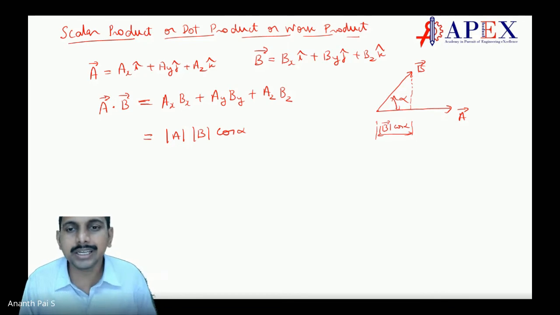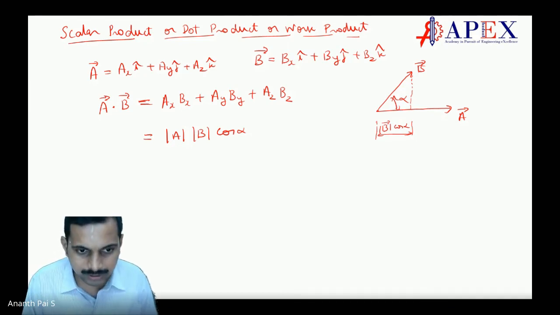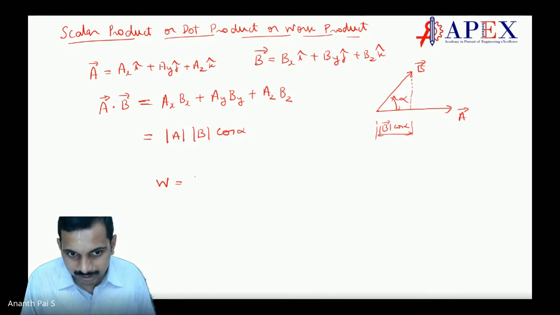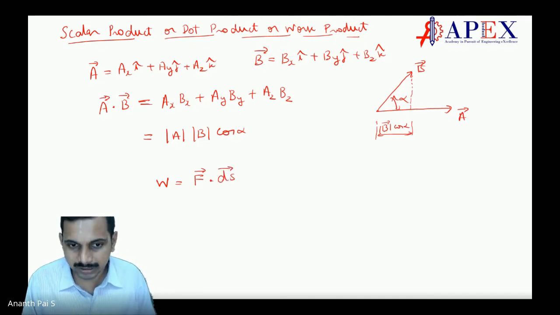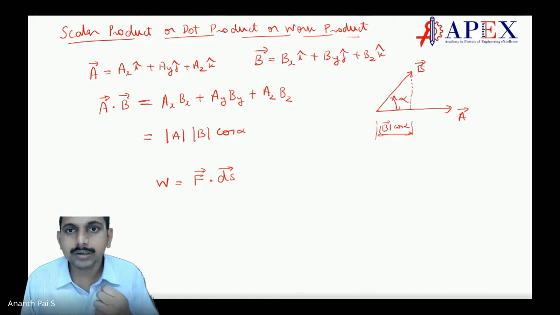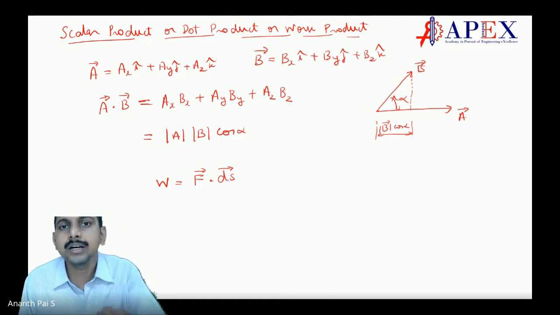Generally, it is called a work product because work is not a vector, it's a scalar. Work is given by force dotted with ds. Correct? That is how the work is done. Is it not, students? Work is force which is applied and a movement which is done.